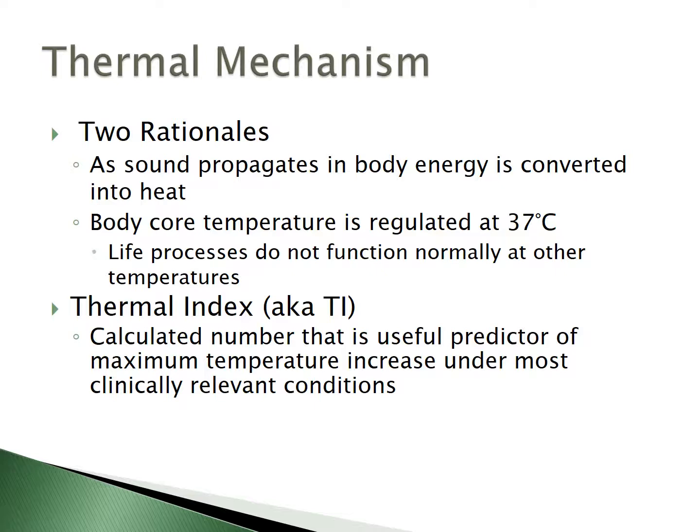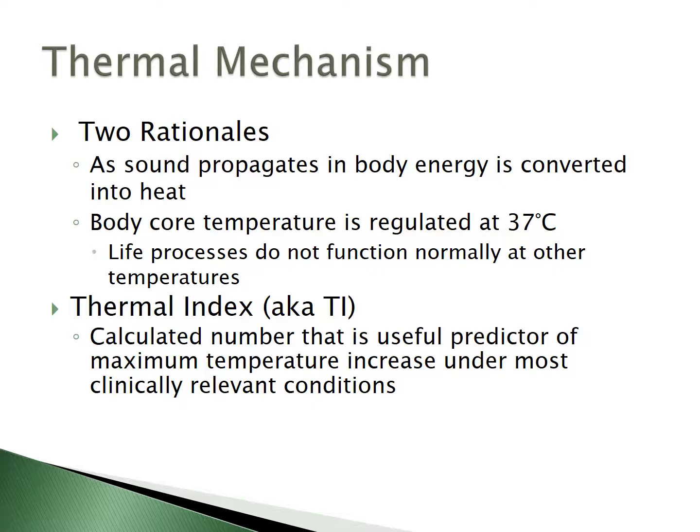We know that sound propagates into the body and that energy is converted to heat. The other idea is that our body core temperature is pretty well regulated at about 37 degrees, 98.6 degrees Fahrenheit. And we know that for a life process to go on within our body, we kind of have to be at that stable core temperature.